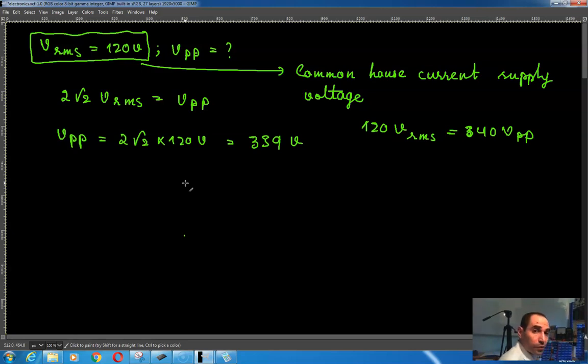The peak to peak voltage you could see on an oscilloscope, for example. We will see about that in the coming videos, right? So that's basically that.